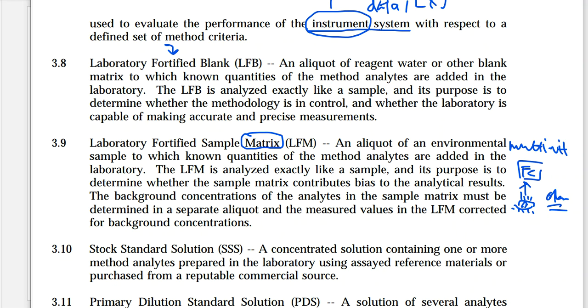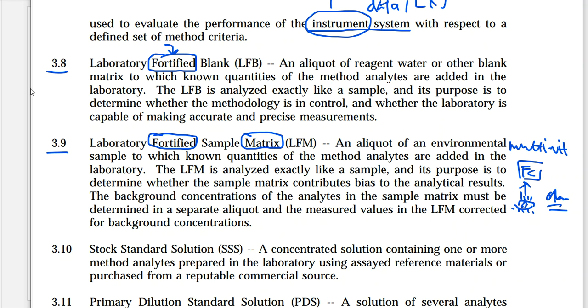All right, so we're moving on, and I told you that in this video, 3.8 and 3.9 are going to be our focus. So 3.8 says a laboratory fortified blank, whatever that means, or LFB, and a laboratory fortified sample matrix. So another fortification, whatever that means, but this time on the sample matrix instead of the blank.